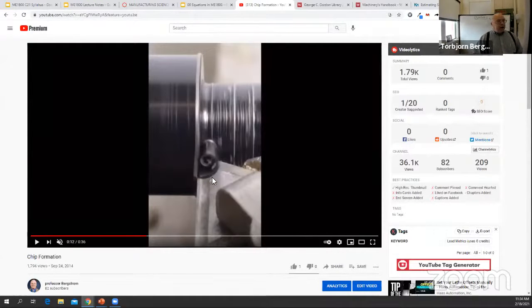But the reason it also curls up is because this has this little divot here, so that rake face is not flat. That change in shape of the rake face is intended for more brittle materials to cause the chip to curl back and break, so you don't end up with a long stringy, ribbony chip.